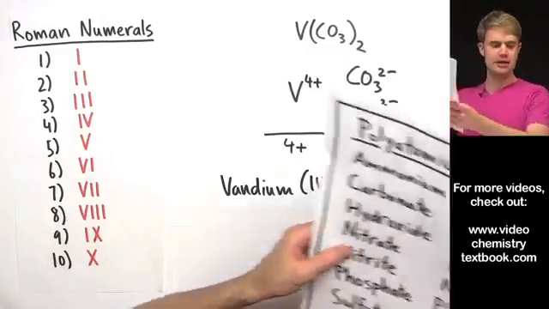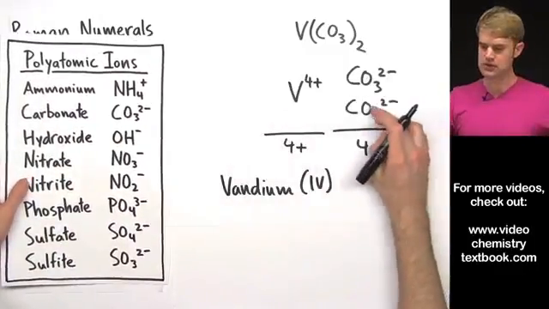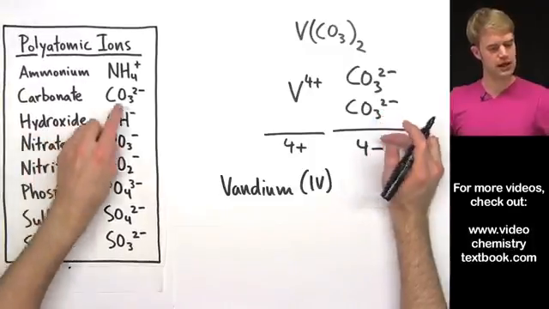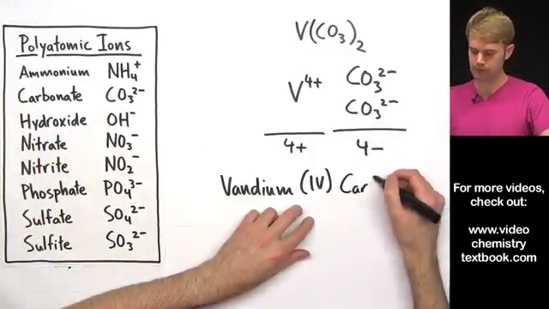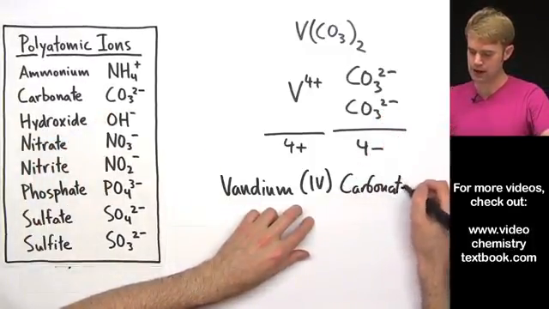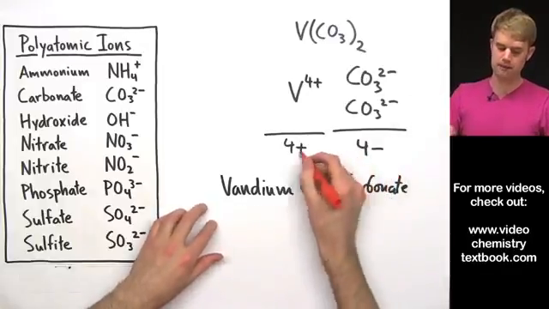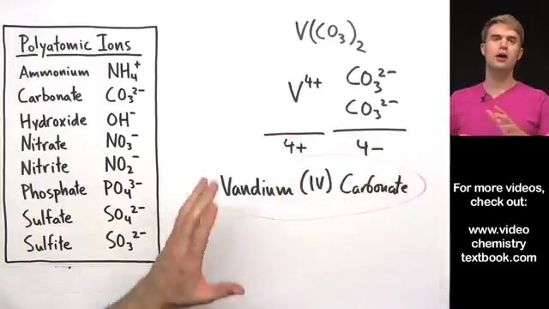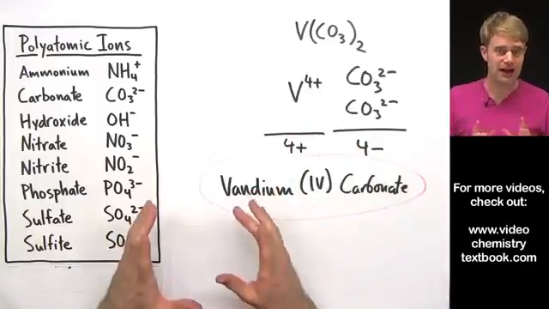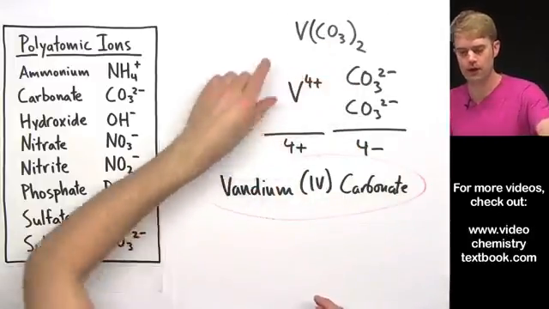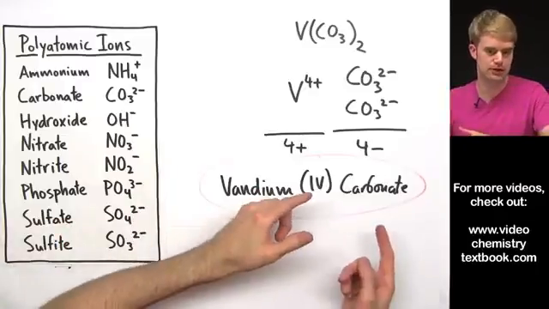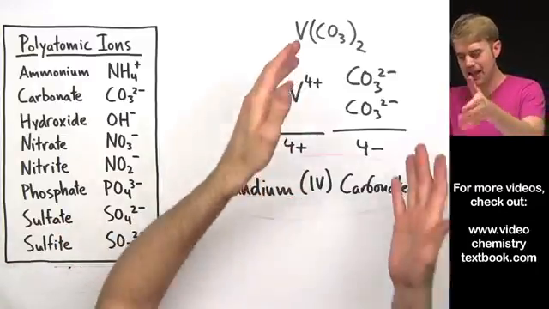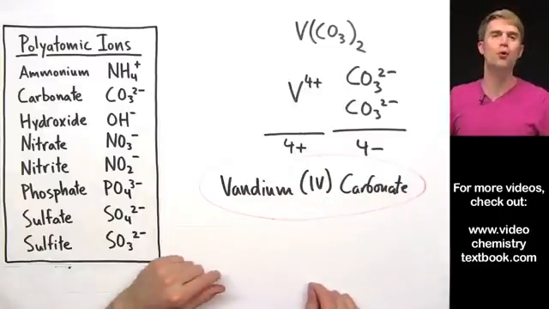And then as we said, this ion, CO3 2-, is carbonate. So the name of this compound is vanadium(IV) carbonate. This 4 is a charge on vanadium. So that is how we take the formula for a compound that contains transition metals and how we write a name for it complete with these Roman numerals.